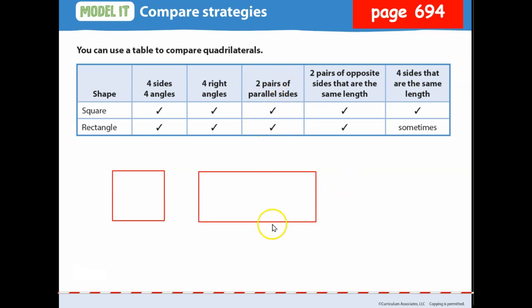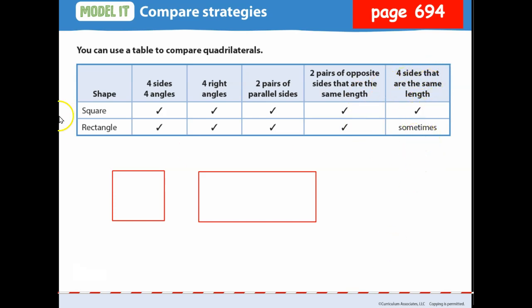Two pairs of parallel sides, yes, top and bottom, left and right. Two pairs of opposite sides that are the same length, yes. On both shapes, the top is the same length as the bottom, and the left is the same length as the right. Four sides that are the same length?